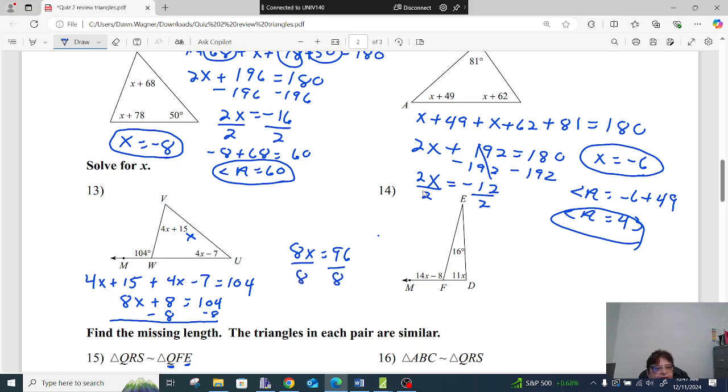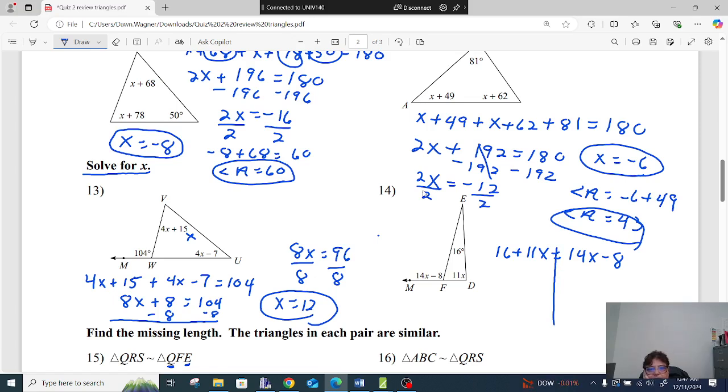Yep. And in this case, because I always look to make sure I'm answering everything, all I had to do is self-correct, so I'm good. And then on this side, it's very similar. It's just going to be 16 plus 11x has to equal 14x minus 8. I have variables on both sides here.